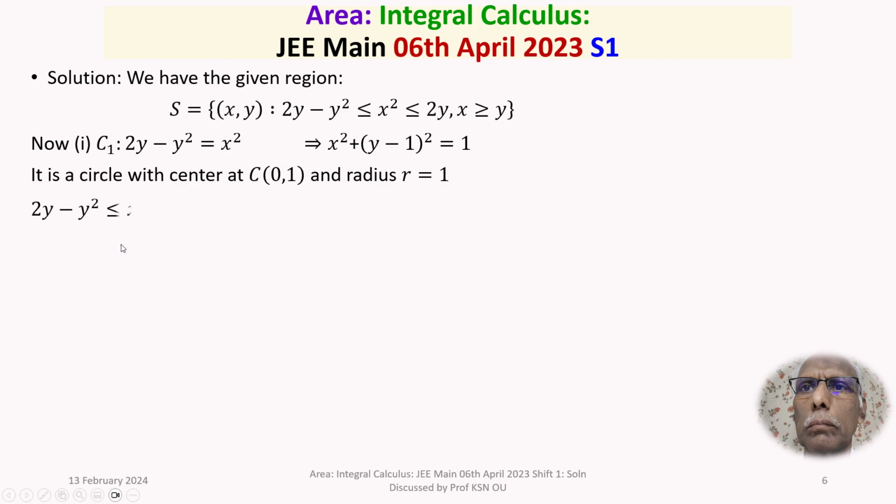Now 2y minus y square less than or equal to x square is given. This will imply x square plus y minus 1 whole square is greater than or equal to 1. So this represents all those points that lie on the circle C1 and all those points which lie outside the circle.